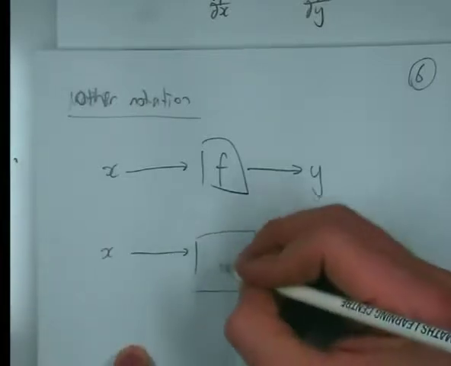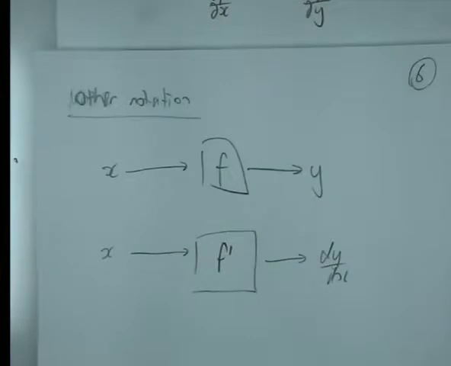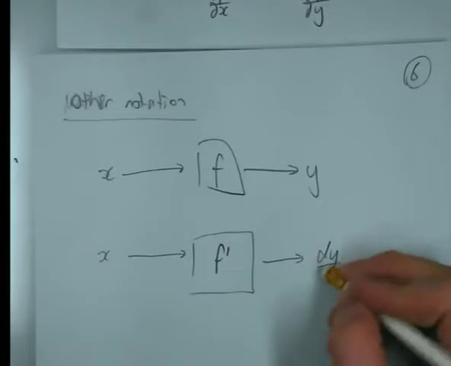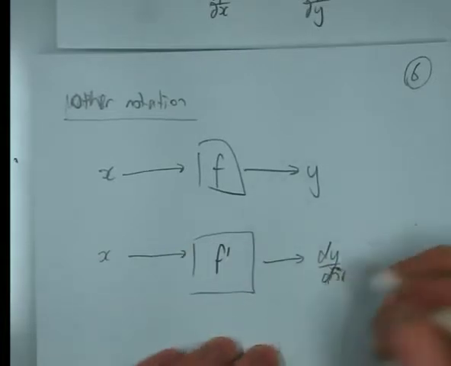Okay, and the name of this function is called f dashed. That's the other notation. Okay, so f dashed is a new formula that tells you at every particular x what the relative change between y and x actually are.